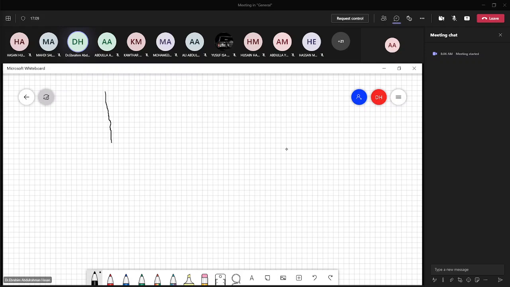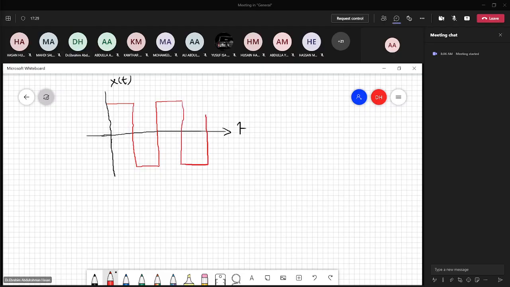Just one part for the square, then we will go for another one. So this is t, and this is my x of t. Okay, as you see, this is the period T, this is a, and this is minus a.